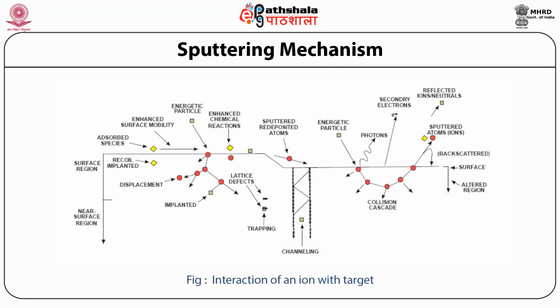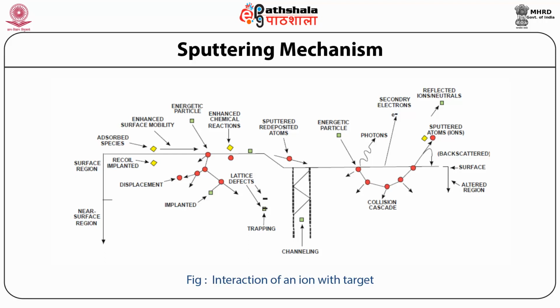The figure given here shows the interaction of an ion with the target, or the mechanism of sputtering that we have discussed in the previous slides. In the figure, we can see the absorbed species, the energetic particles, some enhanced chemical reactions, photons which are ejecting out, the secondary electrons which are ejected, and the sputtered atoms or ions that are being given out.